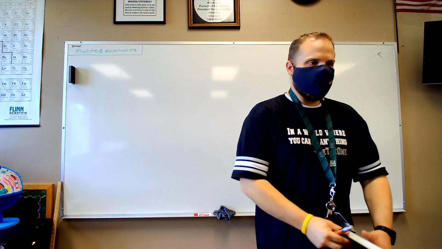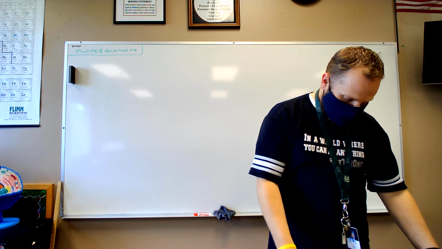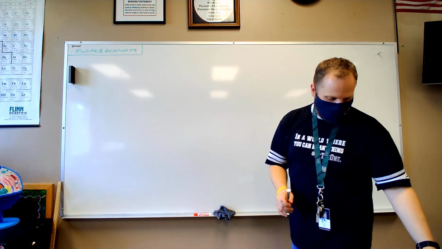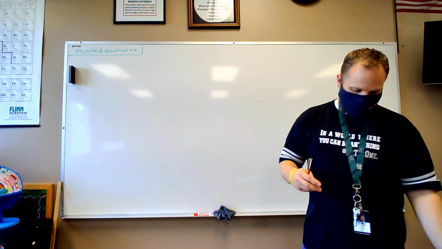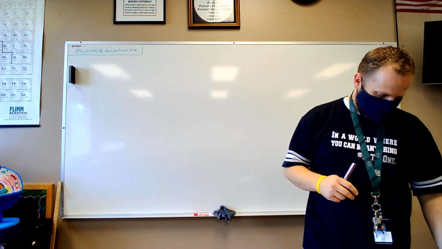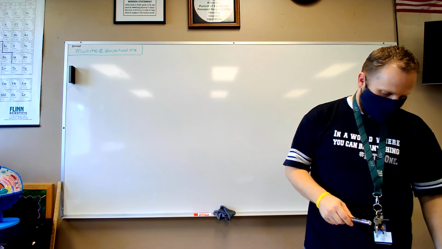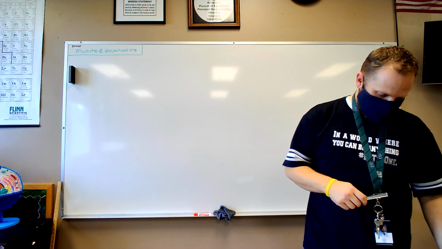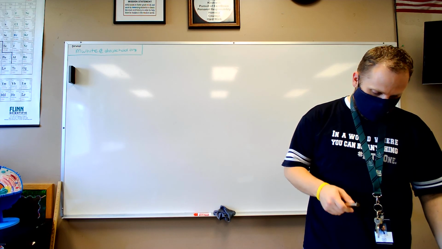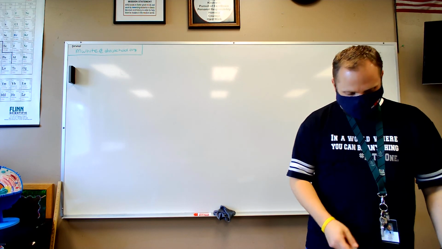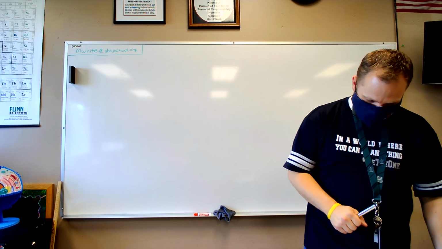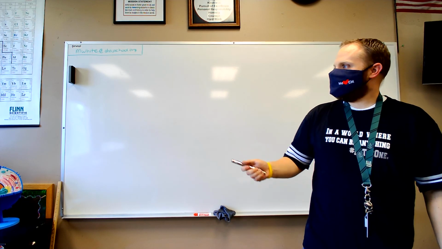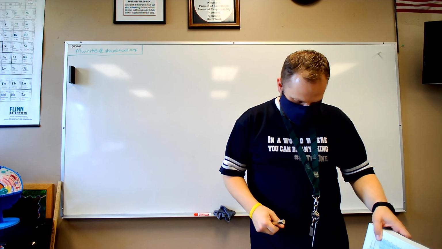Now, if you look at the periodic table in your book, you'll notice it breaks it down into several different categories. In the book, it breaks it down into metals, metalloids, nonmetals, and then it also has recently observed, although now we officially have them on the periodic table.